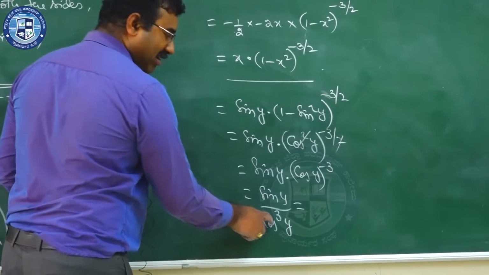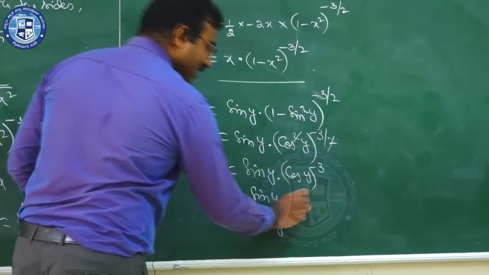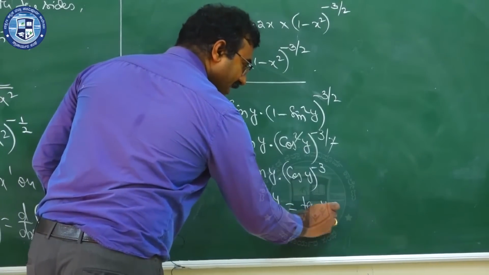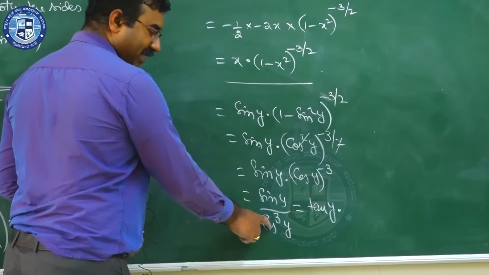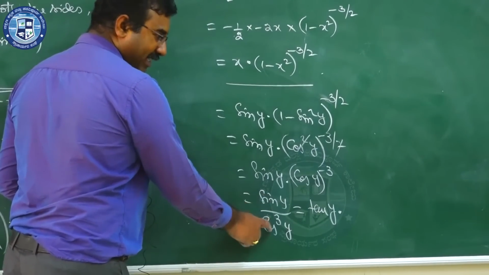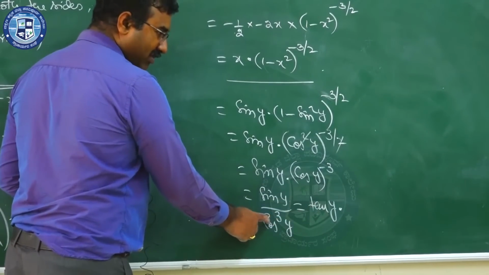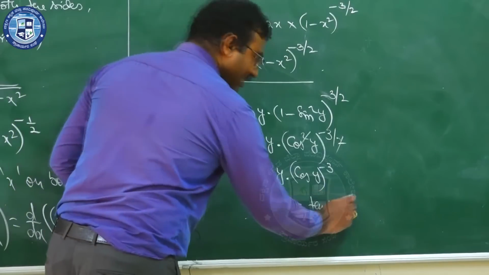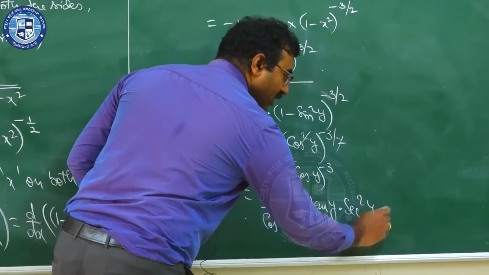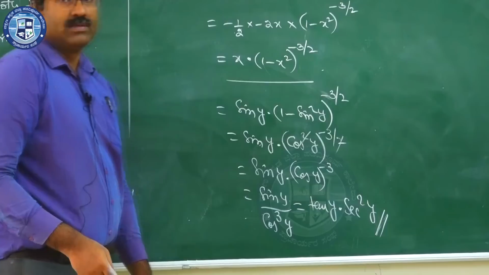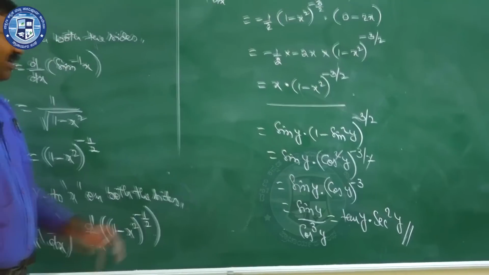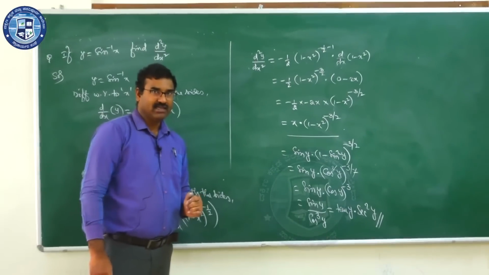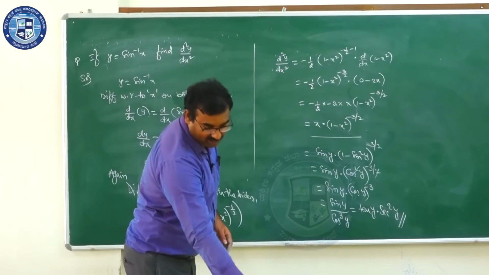If you take one cos here, sine y by cos y is tan y, and still one more cos square y is there in the denominator, and 1 by cos square y is secant square y. So like this we can show the answer in terms of y if they ask, or otherwise we can leave it here, right? So we will continue for the next problem.